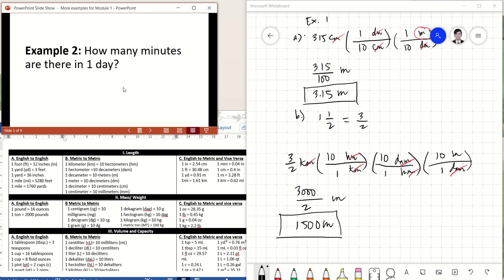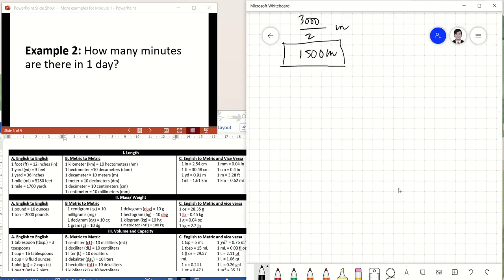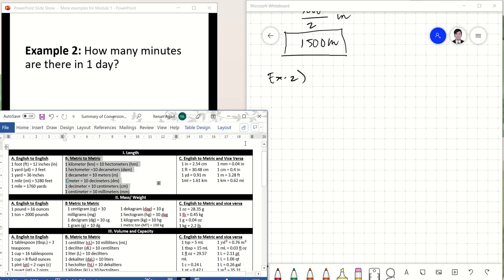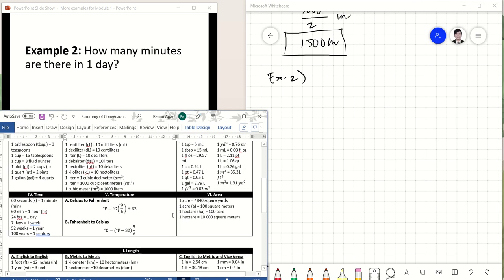Let's proceed to example 2. Example 2 is all about time. How many minutes are there in one day? So first, it's all about time, so you find the quantity for time, it's here. And then you're converting days to minutes.